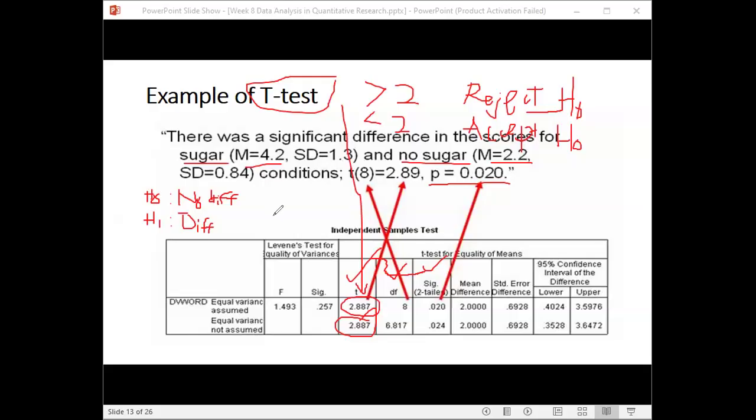Okay. Now we have something called the level of significance. We normally represent it with alpha. Okay, we can have alpha to be 1%, 5%, or 10%.